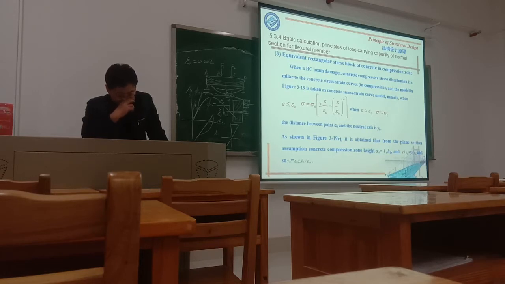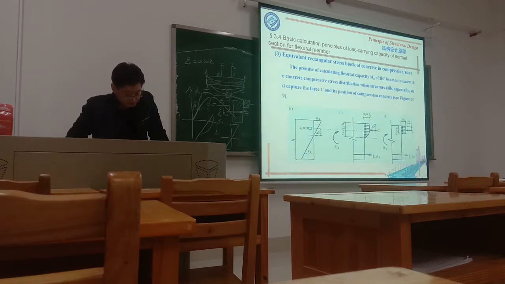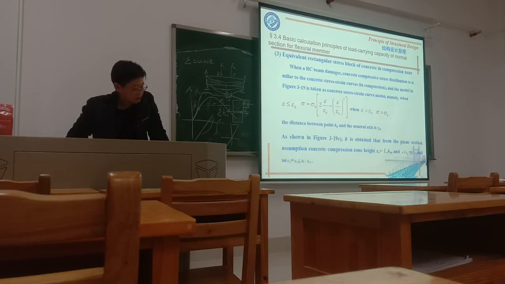The distance between point 0 and the neutral axis is y0. y0 is this distance between the neutral axis and this point.